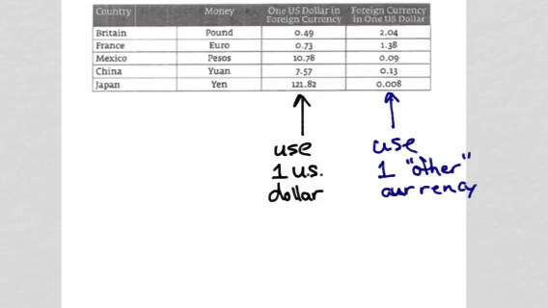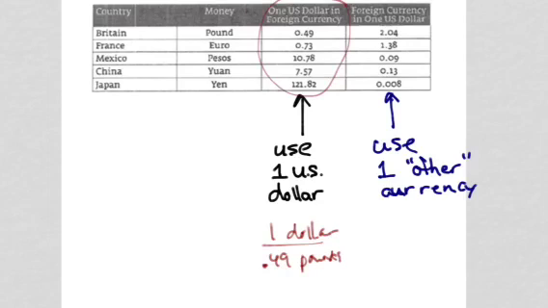So there's two different numbers. The first group right here says use $1 US in foreign currency. So when you're making your conversion rates for that one, you'll be using $1 US. For example, that top one, the British pounds, you would use $1, and then the other side of the fraction would be 0.49 pounds.